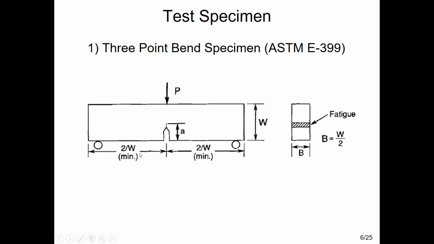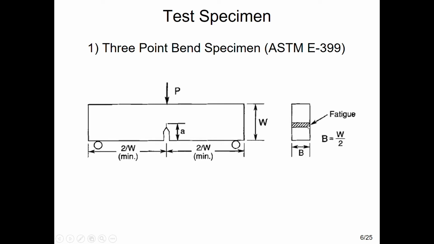W divided by 2 is the length from here to here. Also I have P. P is the force acting on the specimen. Once I apply the force here, this structure, due to the support here, will bend.